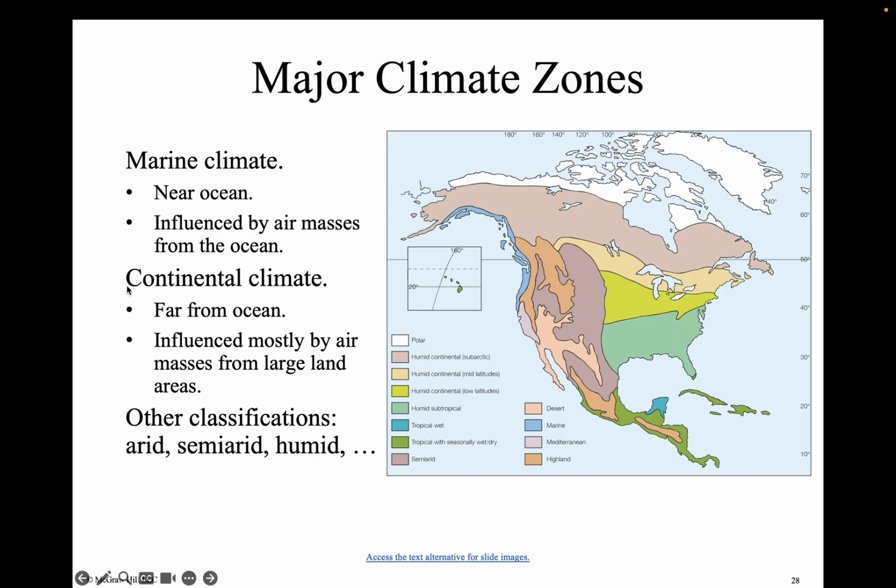And then we have the continental climate, which is found in regions far away from the ocean, okay? And that's usually influenced by air masses coming from large land areas, such as the continental polar air mass that's cold and dry and moves south, okay?